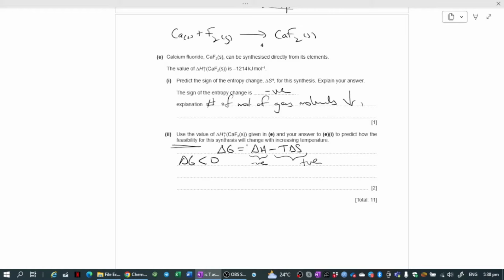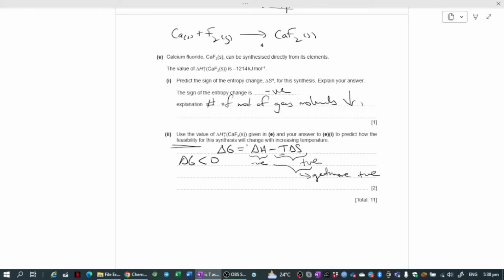So we have a negative enthalpy change and a positive minus T delta S term. If temperature increases, the T term in this expression will get larger. So this second term will get more and more positive, right?